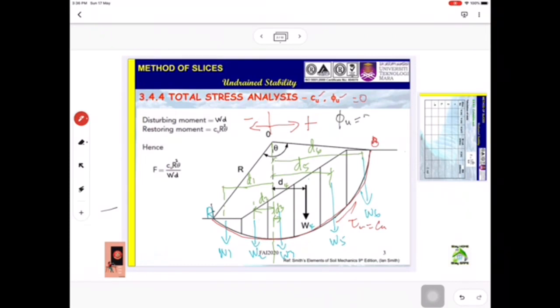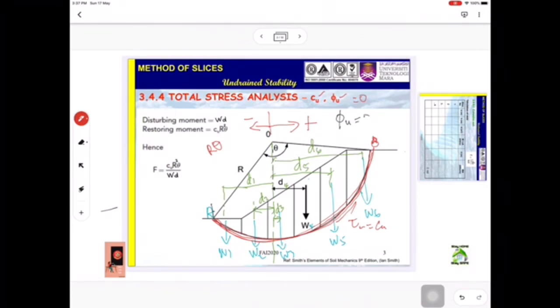So the restoring moment is equal to Cu r squared theta, because r theta is the outline AB, and you times it with Cu.